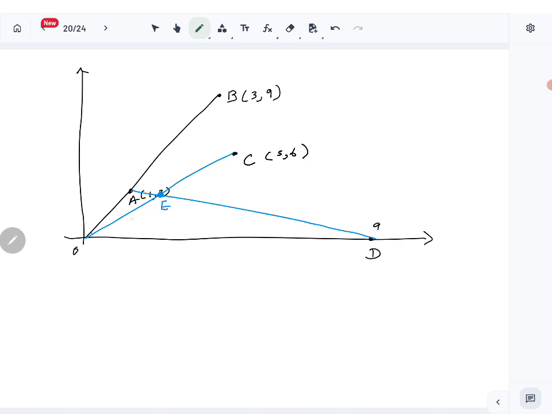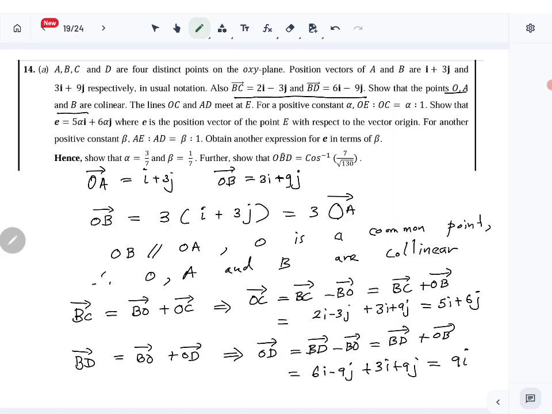Then we are given this ratio, OE to OC is alpha to 1. So alpha to 1 minus alpha for OE to EC. Then what are we supposed to show? The OE vector is what we need to find.